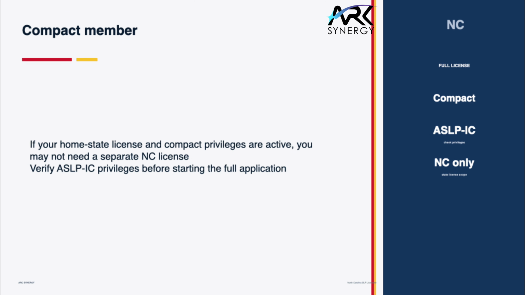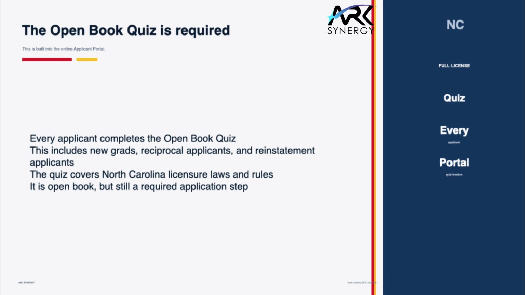And next, we have the open book quiz. Every applicant to the North Carolina board, so that includes new graduates, if you're applying as a reciprocal applicant, or reinstating your license, must complete an open book quiz covering North Carolina licensure laws and rules as part of your application.